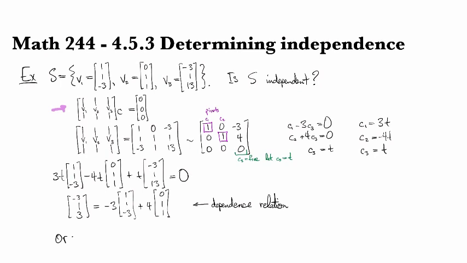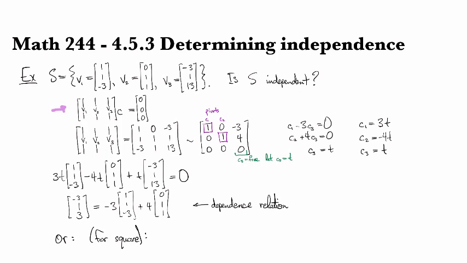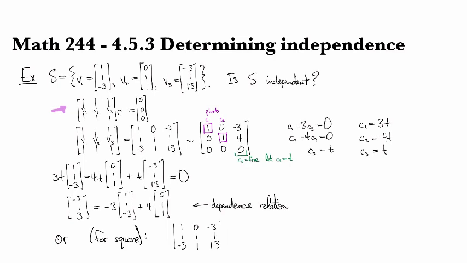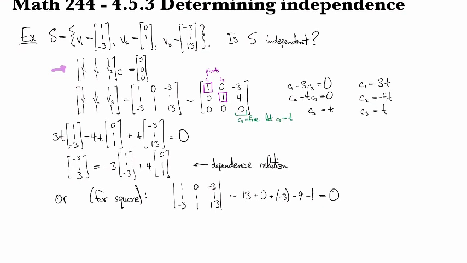So for a shortcut, for a square system, we could have taken the determinant of [1, 1, -3], [0, 1, 1], [-3, 1, 13], and so this is 13 plus 0 plus negative 3 minus 9 minus 1 equals 0.